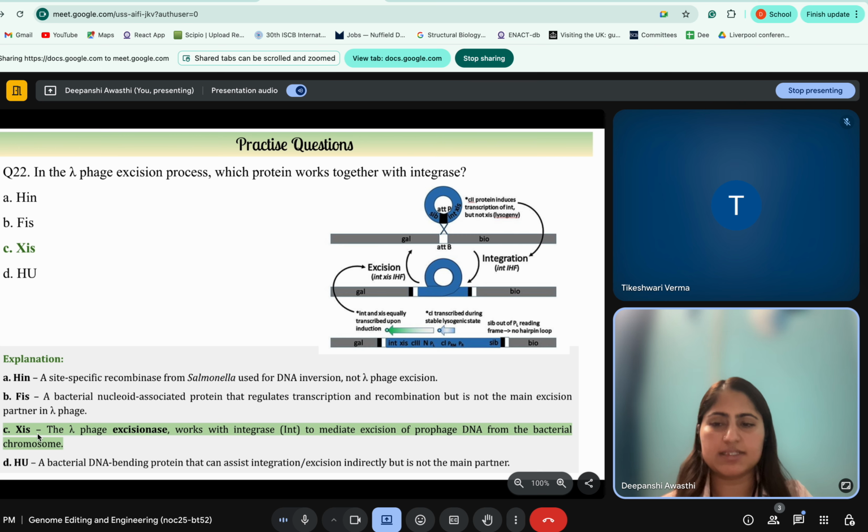If we talk about XIS, then yes, along with Int and IHF, it is involved in excision. HU is a bacterial DNA-binding protein that can assist in integration and excision indirectly, but it is not the main partner. So the right option is option C.